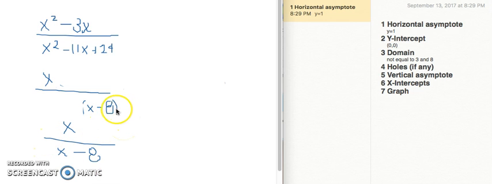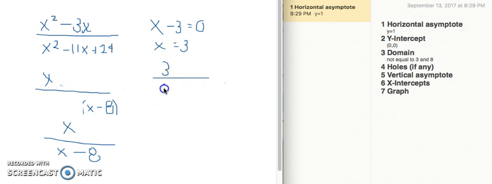Now we have to substitute the expression that we eliminated. The expression that we eliminated was x minus 3. We set that equal to 0, which gives us x is equal to 3. Now we substitute 3 in this equation. It's 3 over 3 minus 8, which results in minus 3/5.